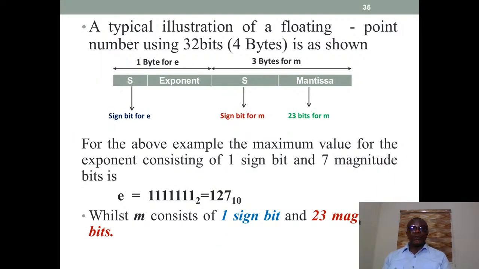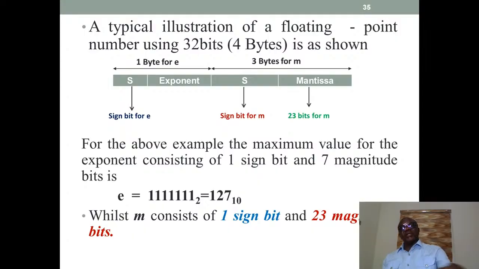Then, a typical illustration of a floating point number using 32 bits or 4 bytes is as shown. The computer divides the 4 bytes into 4 places, not of equal bits. So the first byte, it uses the most significant bit to show the sign.